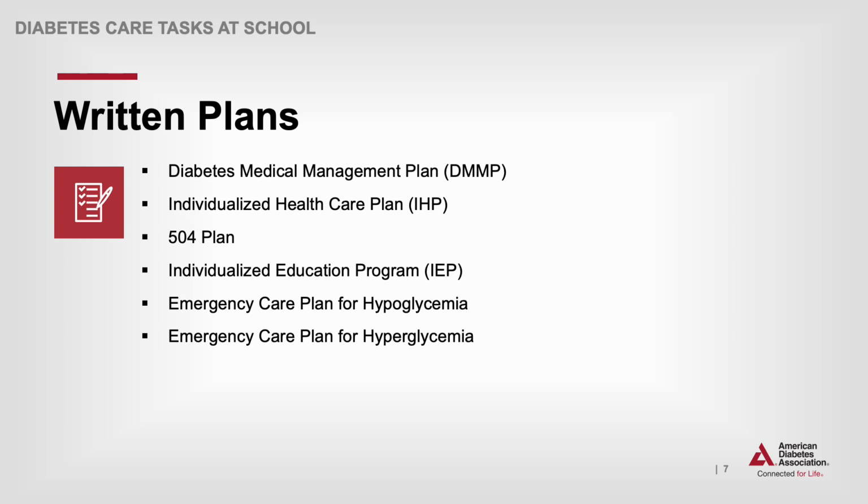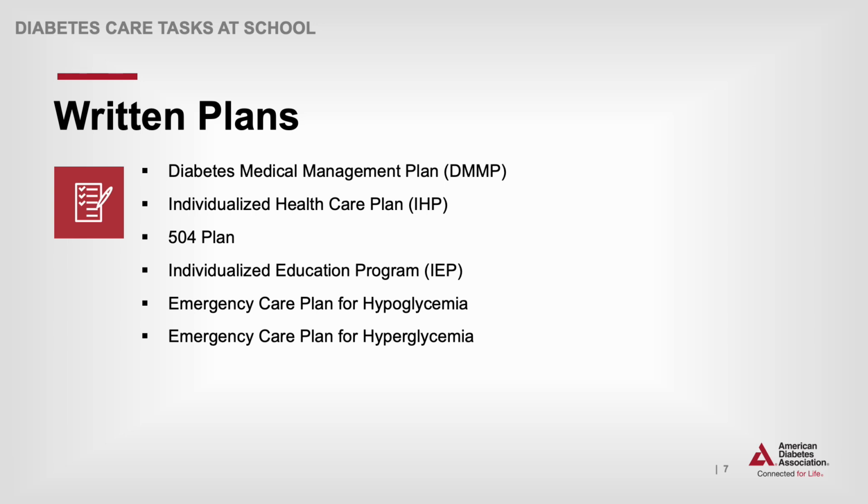This information is included in Section 504 Plan, Individualized Education Programs, or other education plans. The information in the DMMP can be used in developing either a Section 504 plan or an IEP, but is not a substitute for Section 504 plan or the IEP.